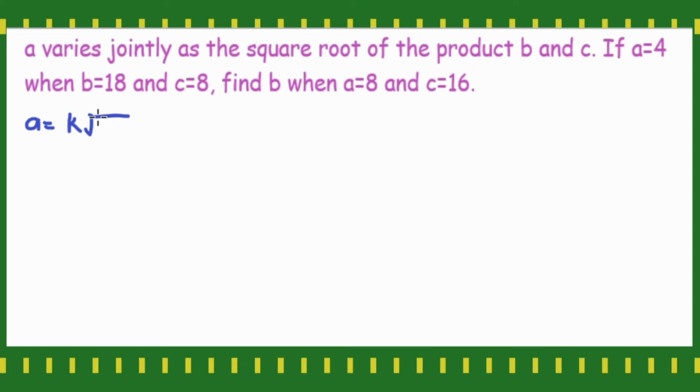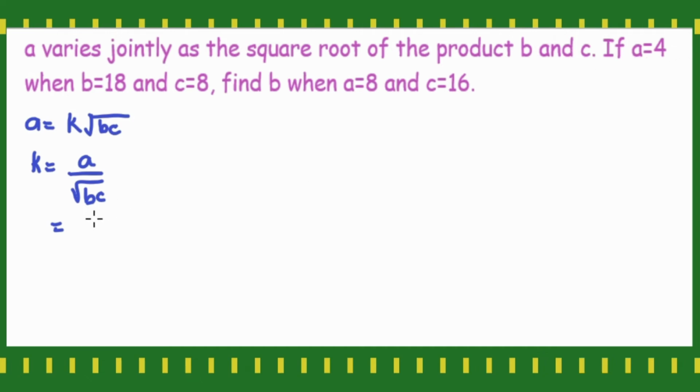So that's a square root of b and c. So we have bc. Solving for k, so we have k is equal to a over the square root of bc. Let's solve for k.